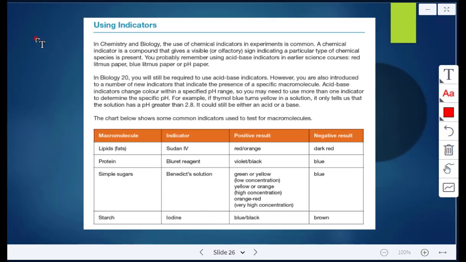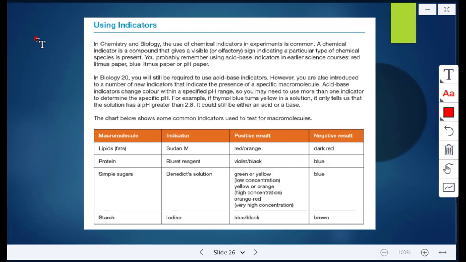All right, using indicators is a method common in experiments. A chemical indicator is a compound that gives a visible sign indicating a particular type of chemical is present. For example, when we did acids and bases, you would have used litmus paper or pH paper.